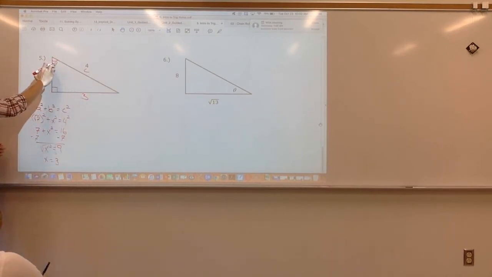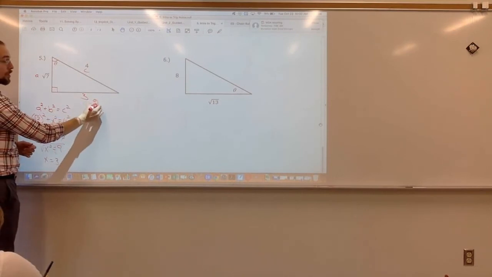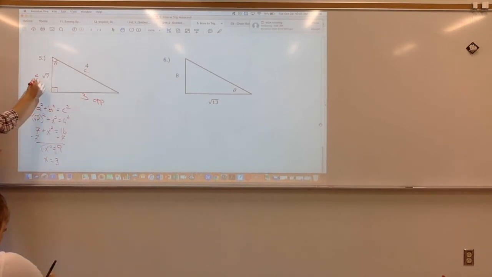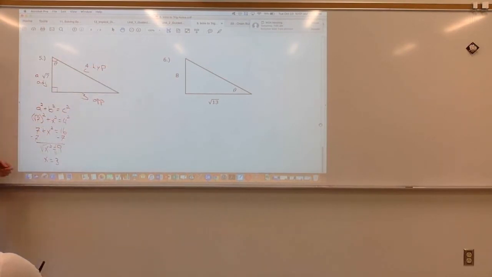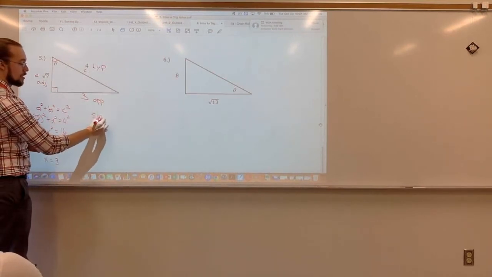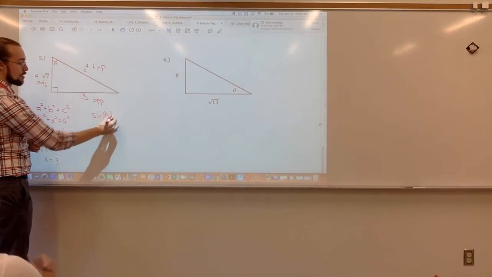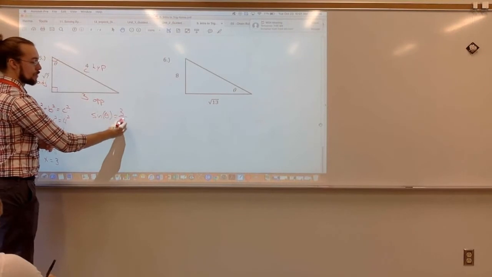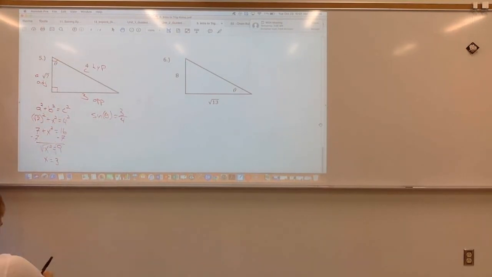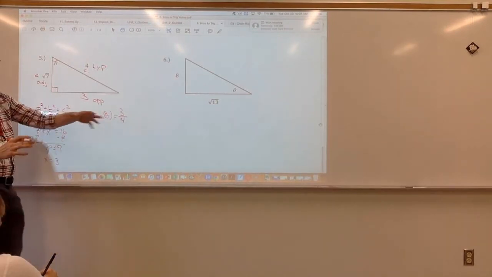With respect to this angle, 3 is the opposite side, the square root of 7 is the adjacent side, and the 4 is the hypotenuse. So I can write out my sine. Sine of theta will be opposite over hypotenuse, so 3 over 4. Does that reduce? Nope. There's no radicals. We're done with that one.